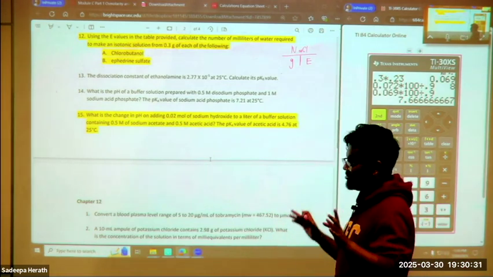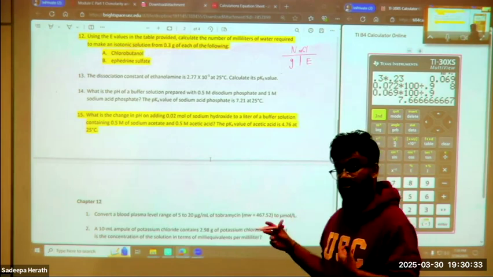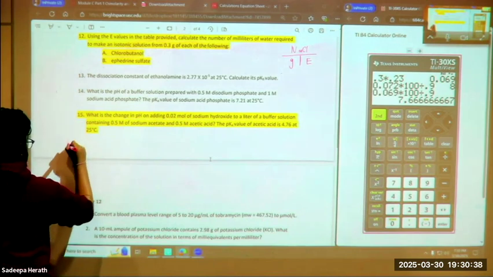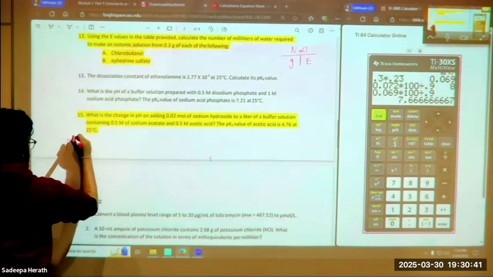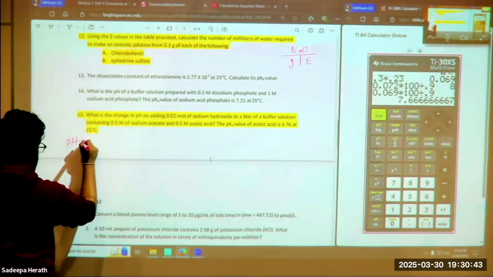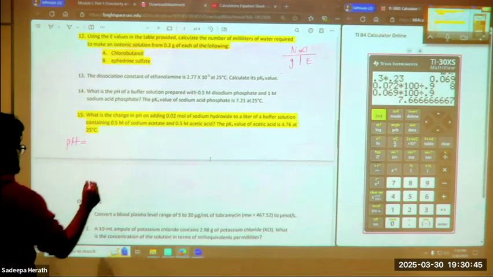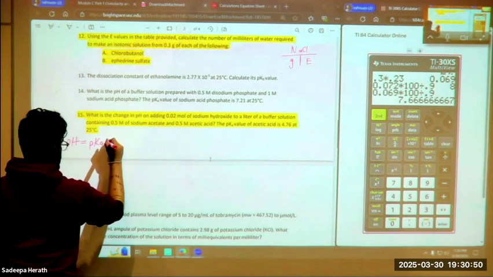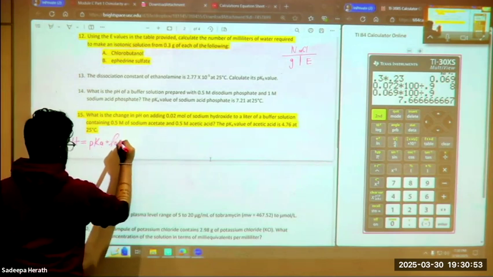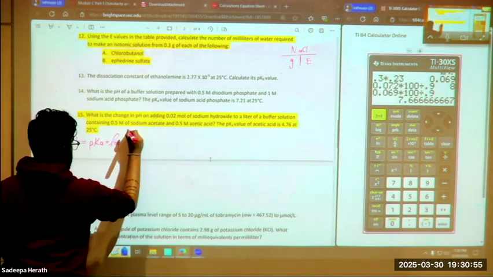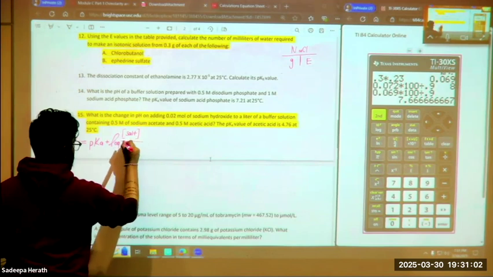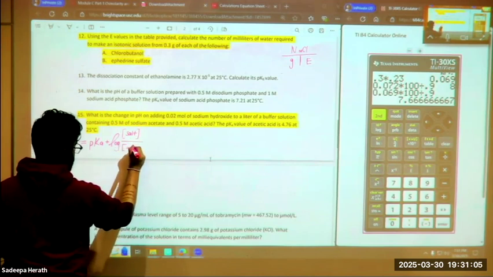So let me just write it out for you, but I wanted to explain that because the equation that we will be using for this problem is, if I remember right, called the Henderson-Hasselbalch. The equation goes pH equals pKa plus the log of concentration of the salt over concentration of the acid.